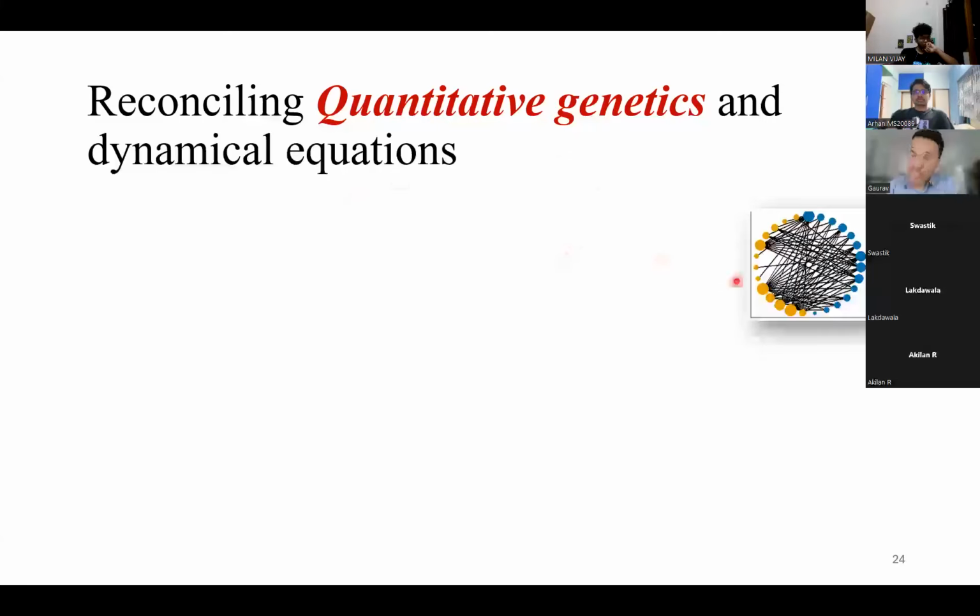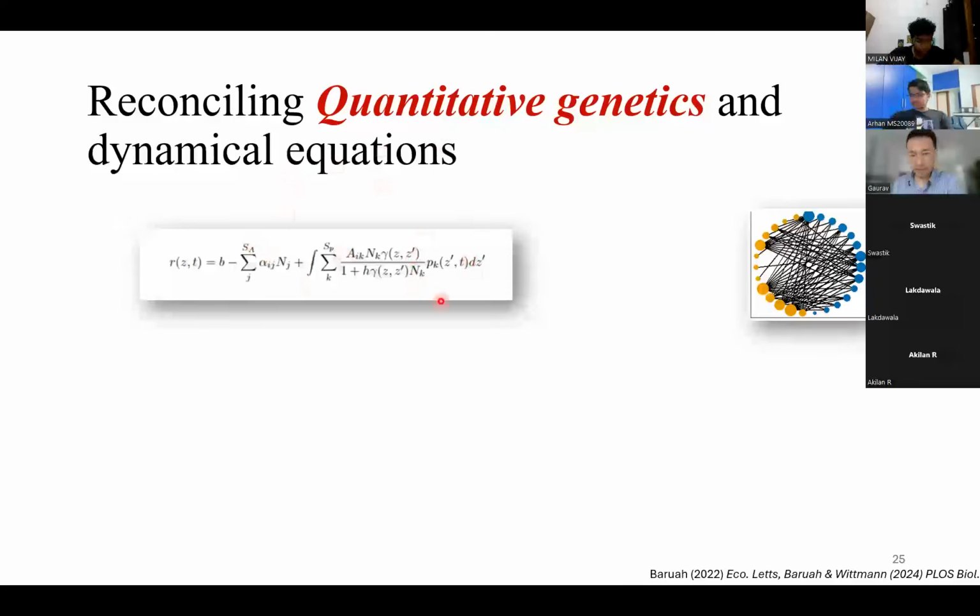So how do we do that? Let's take this particular example of a plant-pollinator network. Let's take this particular pollinator pollinating a bunch of other plant species. Let's just focus on this particular pollinator, and an individual belonging to this pollinator, let's term its phenotype Z. The per capita growth rate of a phenotype belonging to this pollinator can be modeled by this particular equation.